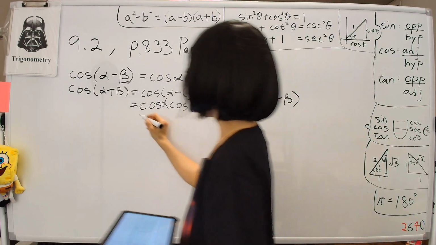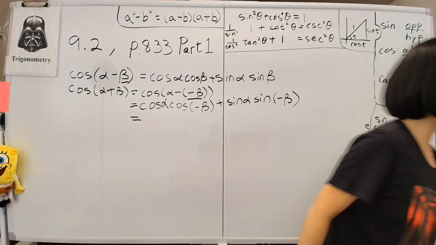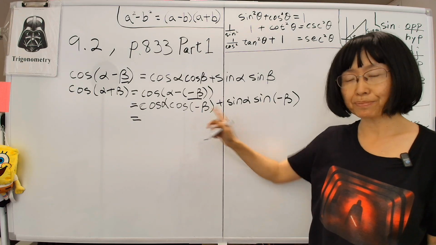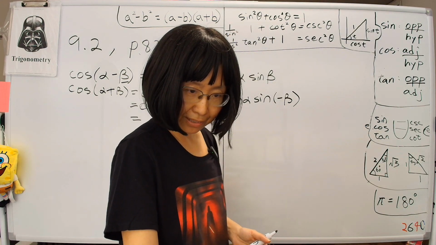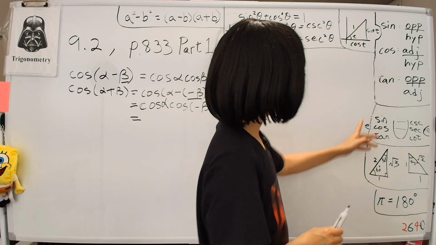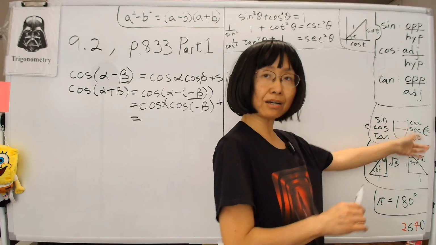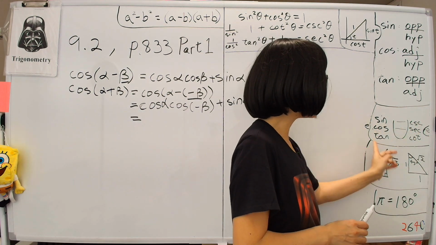So that equals cosine alpha... we need to figure out what happened with the minus beta. Remember that in the previous section, I mentioned that cosine and its reciprocal secant are the only even functions here. Everything else is odd.